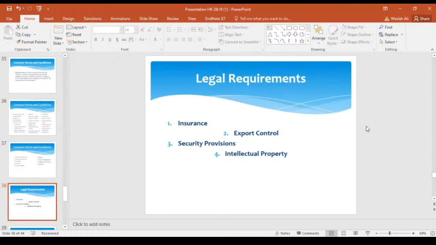Then we have security provision. Security provision includes demonstrating proper identification, conducting drug screenings of personnel, and following physical security procedures. So it includes the procedures which are required for any project, that is, how we conduct drug screening, any personnel screening, and any physical and security procedure. Then we have intellectual property.